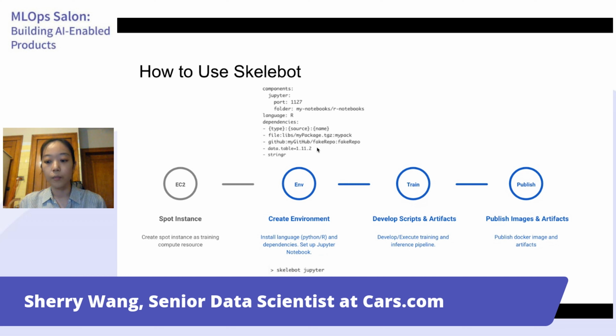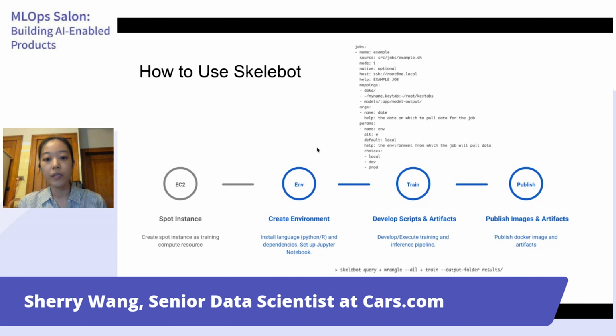Next up, like we mentioned, you are probably going to be developing almost like a pipeline. Instead of using a formal managed pipeline manager, Skelebot is more like a lightweight way for you to utilize Docker under the hood and build a pipeline. For each of the steps you do, you can specify that in the Skelebot YAML file under the jobs portion.